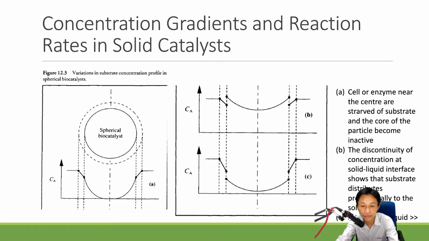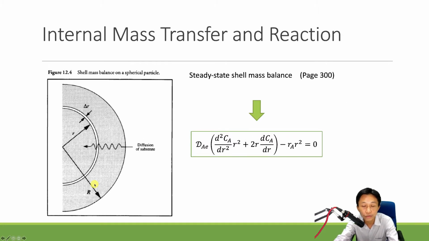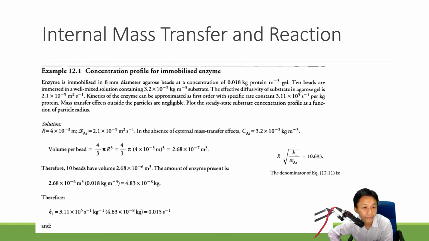We need to solve the equation anyway. With the solution, R is from the diameter: R is 4 millimeter. This one is the diffusivity.